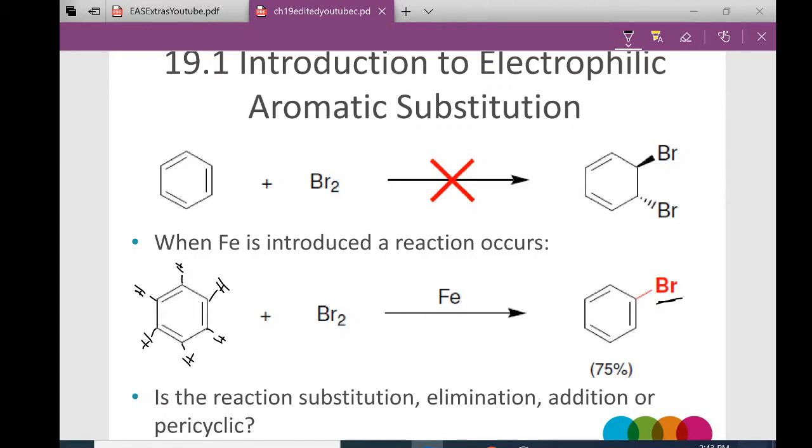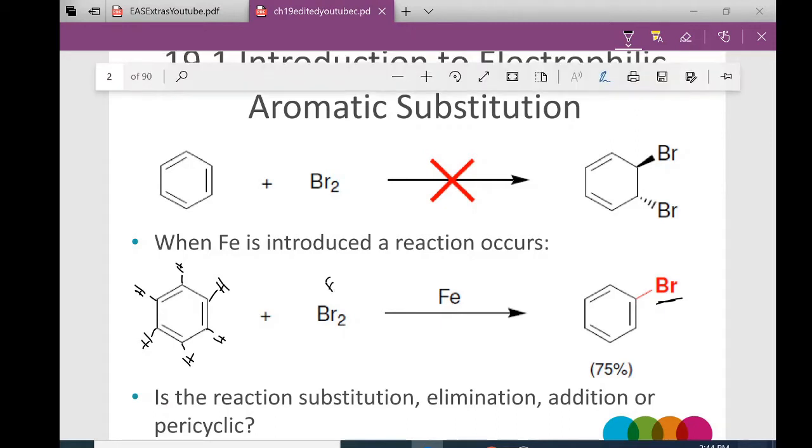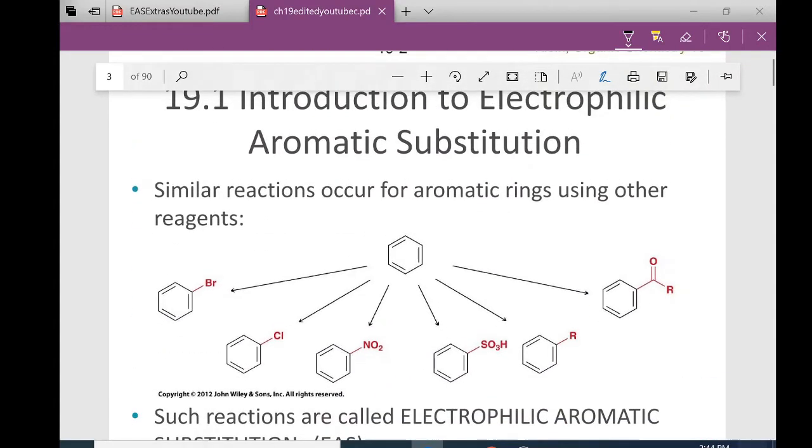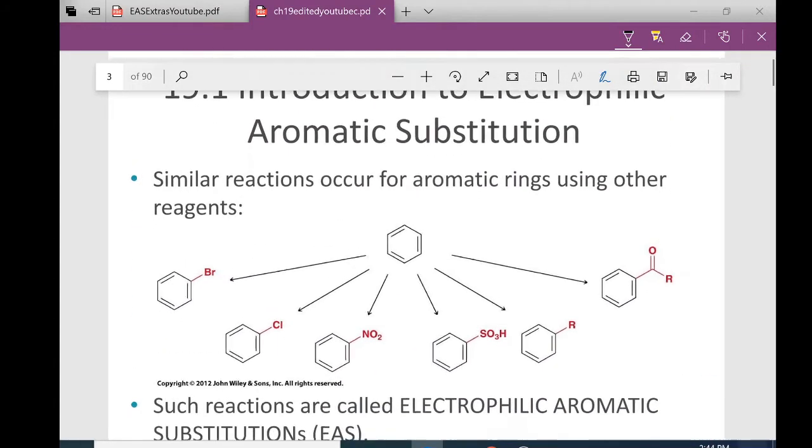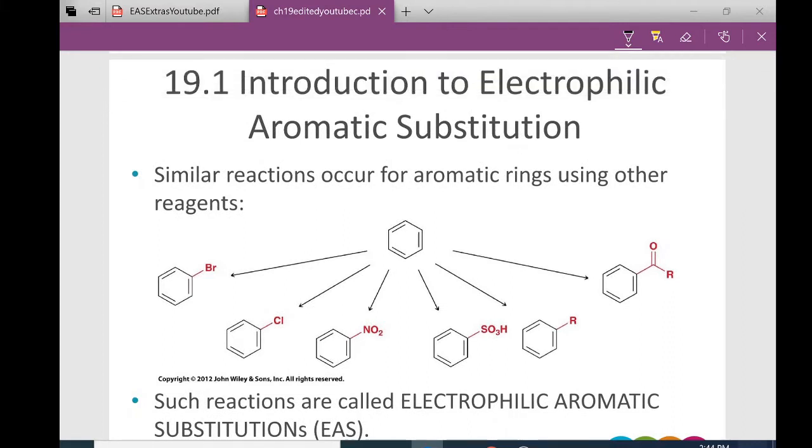For this, we're going to need a catalyst that's going to turn our substituent, the thing that we're substituting on the ring, into a strong electrophile. We need a strong electrophile in order to effect this reaction. So we're going to see all the different variants of this reaction, which include putting a bromine on the ring instead of a hydrogen, substituting the hydrogen with a chlorine, or a nitro, or a sulfonyl, or an alkyl, or an acyl group.